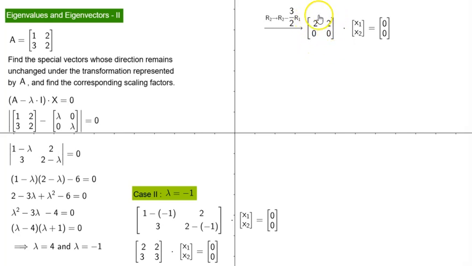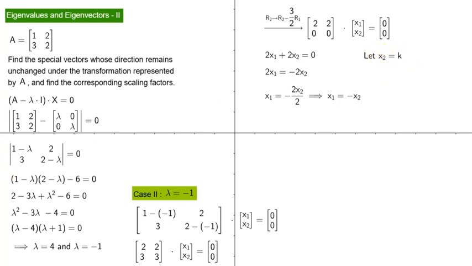So here again, rank is 1, the number of variables is 2, so 2 minus 1, 1. There is one free variable. Convert this into equation form: 2x1 plus 2x2 equal to 0, 2x1 equal to minus 2x2, x1 equal to minus x2. So x2 is our free variable.